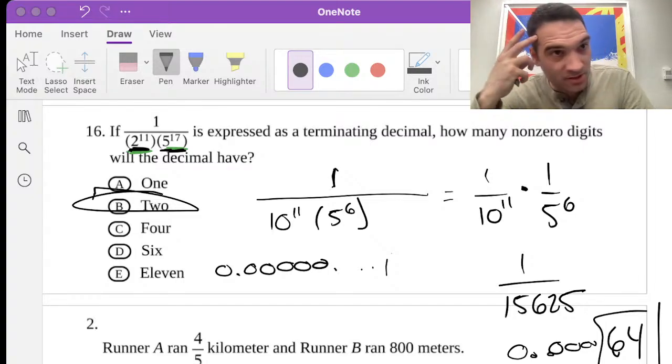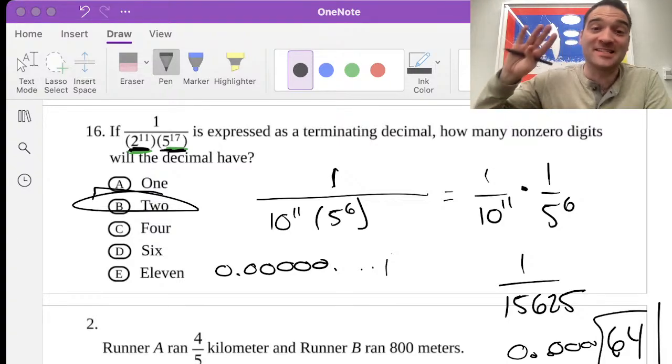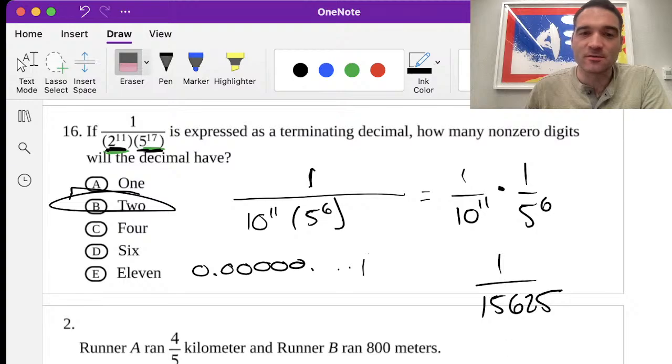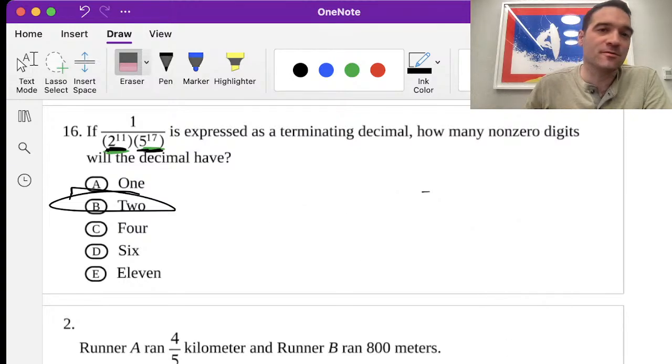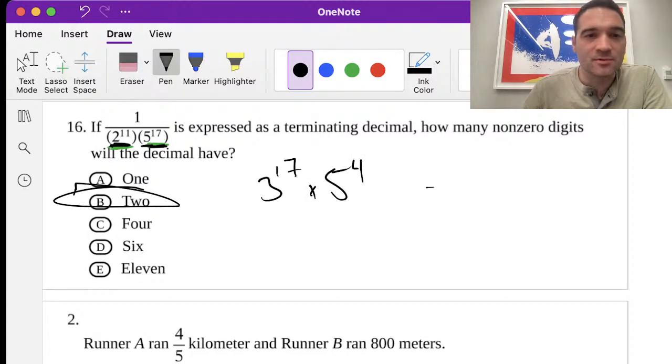Another similar version of this problem that I think I might have done on one of the YouTube or TikTok pages asks you how many zeros a particular number has. So it's like 3 to the power of 17 times 5 to the power of 4 times 2 to the power of 8, right?